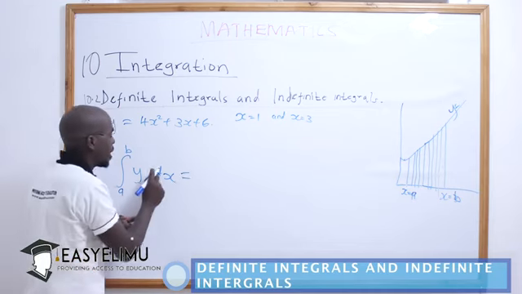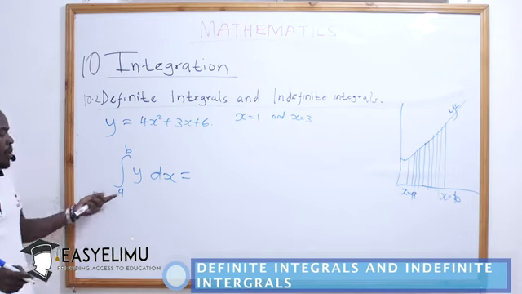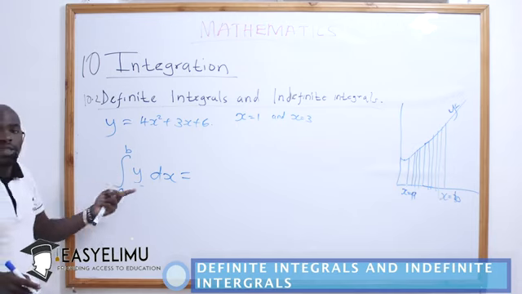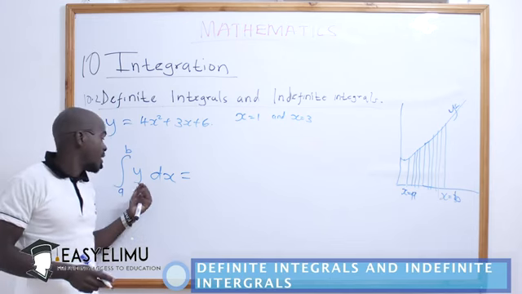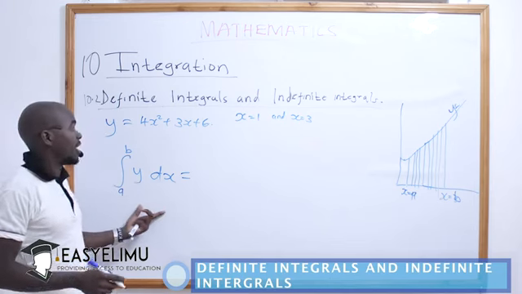If you have integration with limits like a and b here, this is what we refer to as a definite integral.